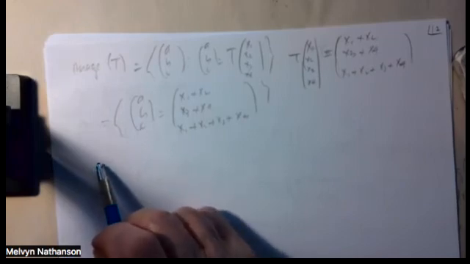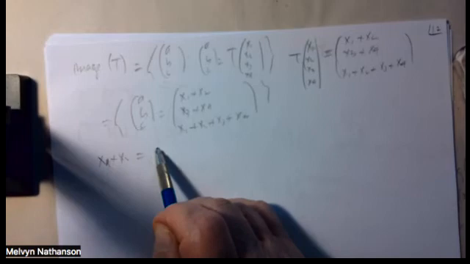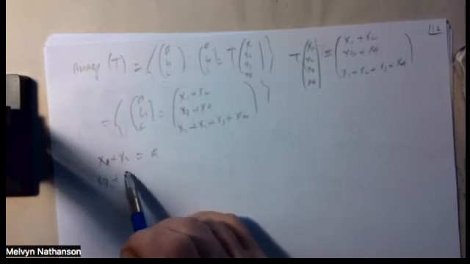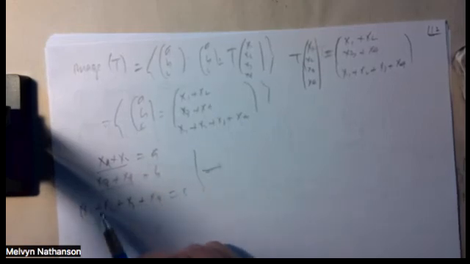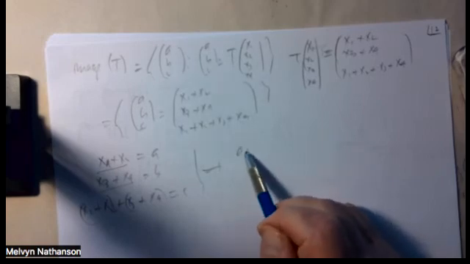So the question is, when can you solve the equation x1 plus x2 equals A, x3 plus x4 equals B, x1 plus x2 plus x3 plus x4 equals C? But this equation implies that A plus B equals C.